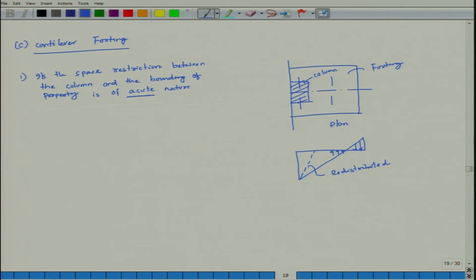This is where the column has to be placed, and there is hardly any space, there is no space. That means the boundary will start from along the column side.